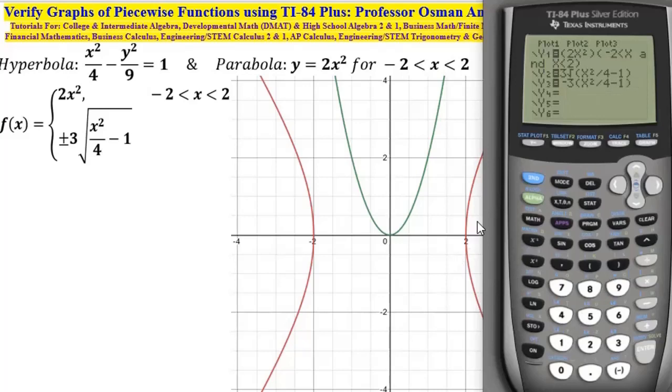So the plus is the right side of the hyperbola and the minus is the left side of the hyperbola.